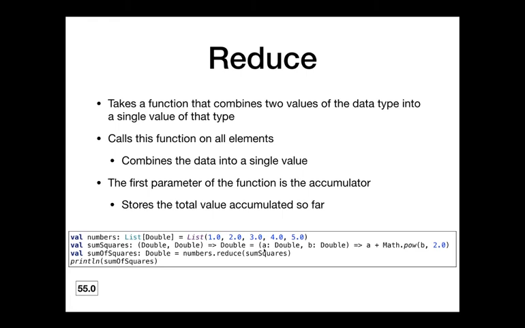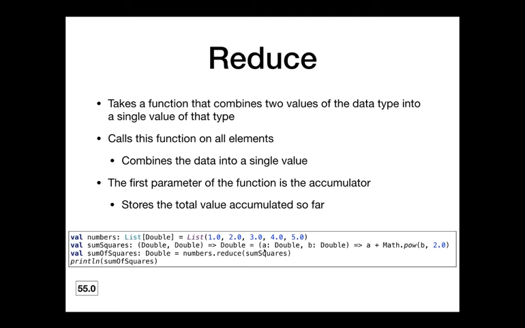So this reduce is one method call, takes a function and can do the entire accumulator pattern from 115 in almost no lines of code, almost no characters, very compact. So the first parameter is going to be your accumulator variable, and when this function is called on each element, that accumulator, that first parameter, is going to contain all of the results accumulated from every element that came before that element in the list.